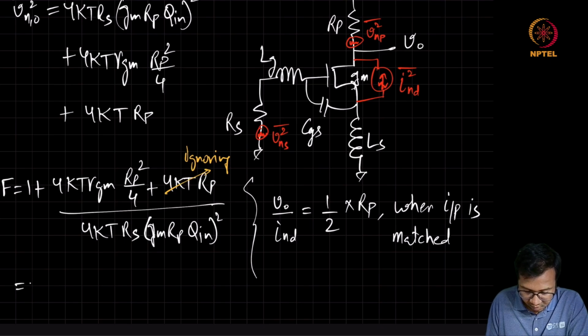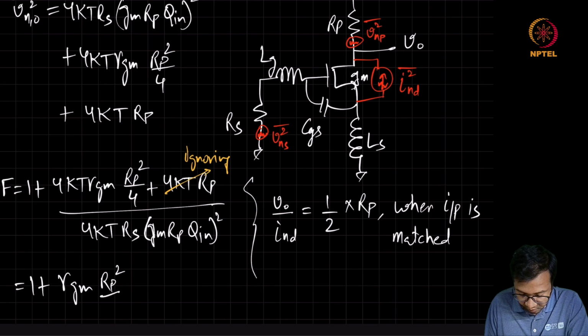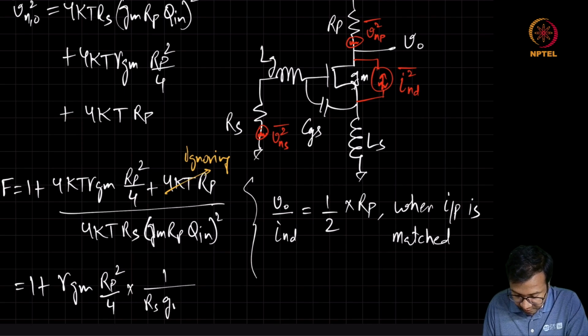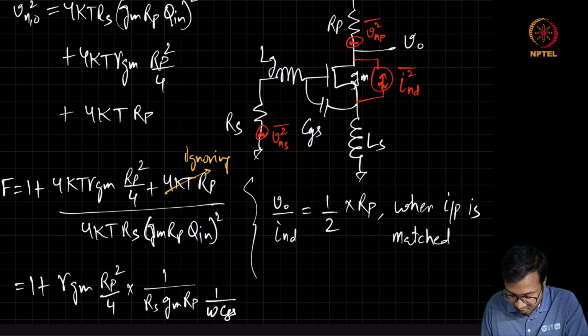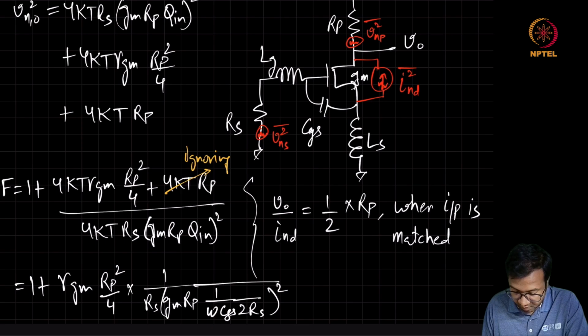This is going to be 1 plus gamma GM RP square by 4 into 1 by RS GM RP and Qn square. So Qn is 1 by omega CGS RS. So this entire term is whole square.